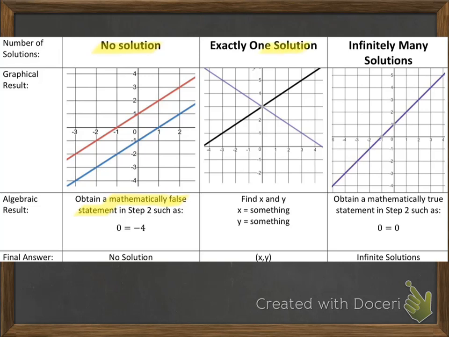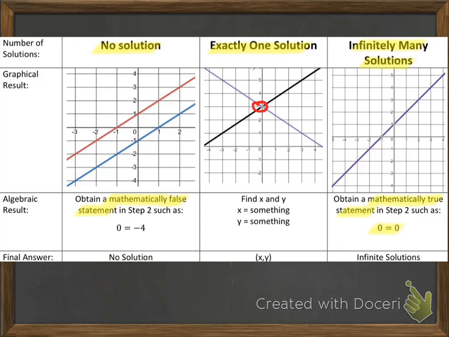If I have exactly one solution, as you know, that means that the lines meet at exactly one point on a graph, and algebraically, it's exactly as you would imagine. You can solve the system of equations and you find a value for x and a value for y. Nothing really interesting going on there. In the last case, we could have infinitely many solutions. Graphically, that means that we actually have the same line that's being graphed twice, right on top of itself. Algebraically, what's going to happen is that we're going to get something that is always mathematically true.